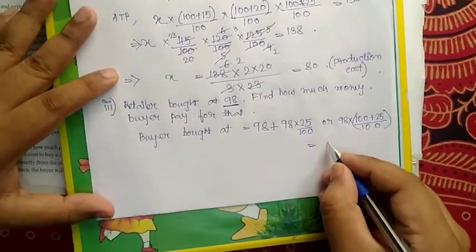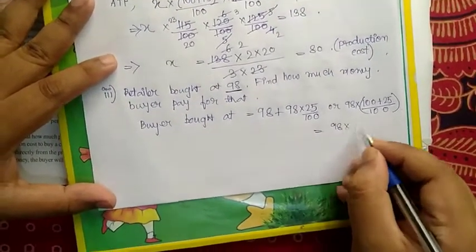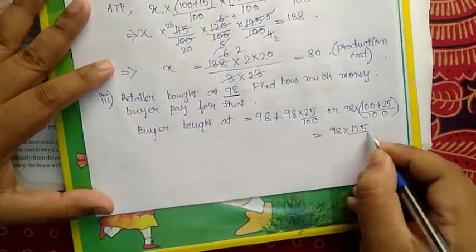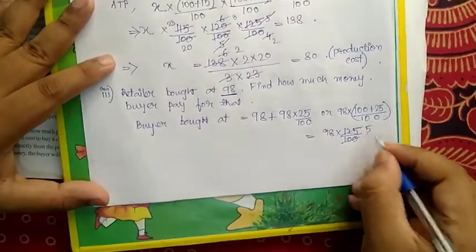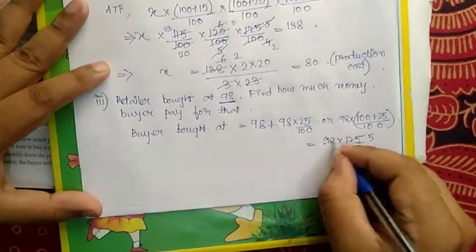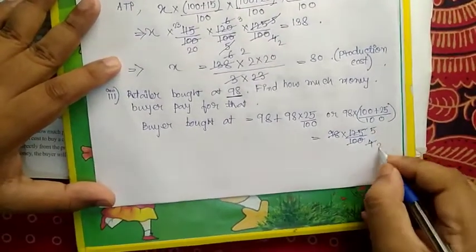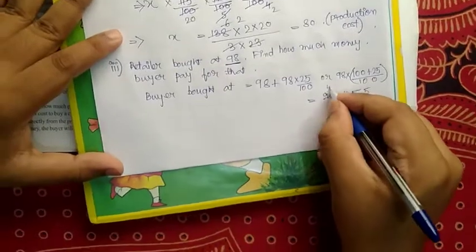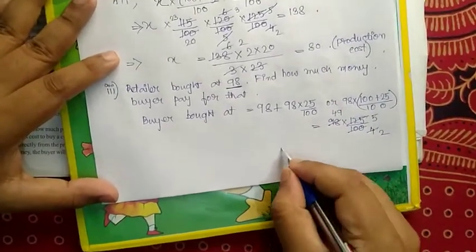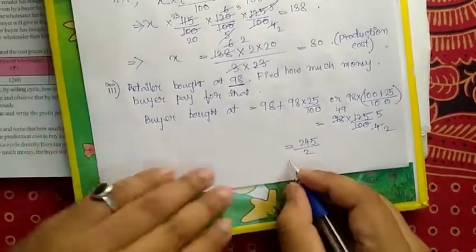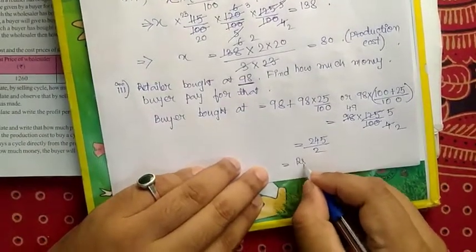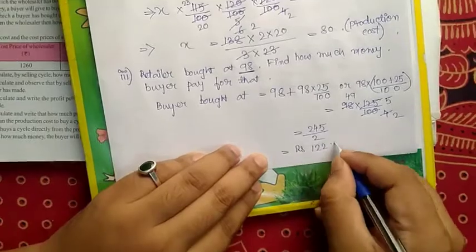Both are the same. 98 into 125 by 100. So eliminating by 25, this should be 5 and this should be 4. Eliminating by 2, this should be 2 and this should be 49. So 49 into 5, 245 by 2. So the answer is rupees 122.50.